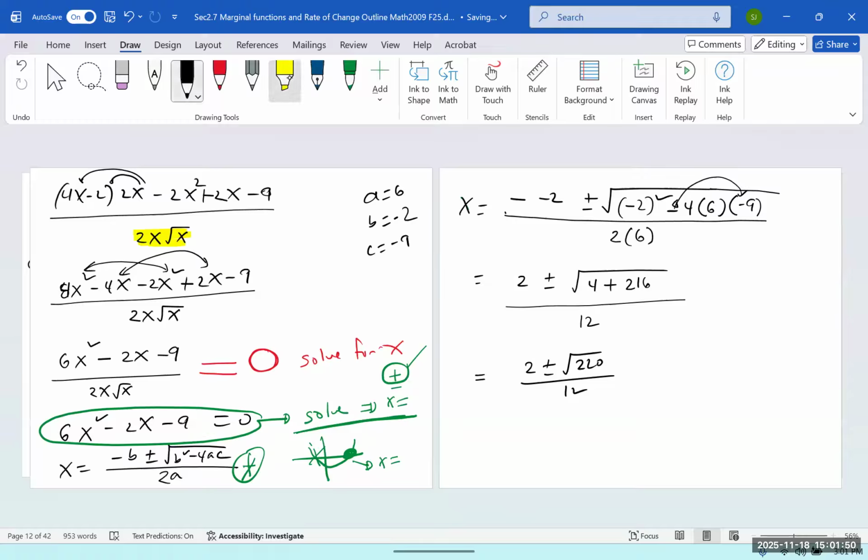Now you're going to disregard the negative one because it will give us a negative result. The only thing you're going to accept is 2 plus square root of 220 over 12.